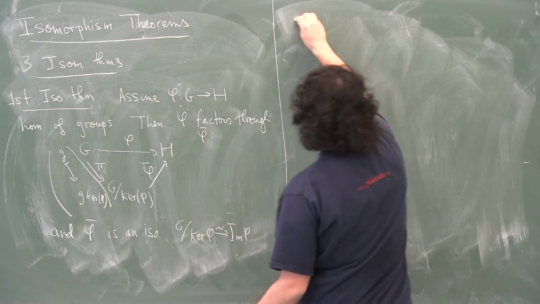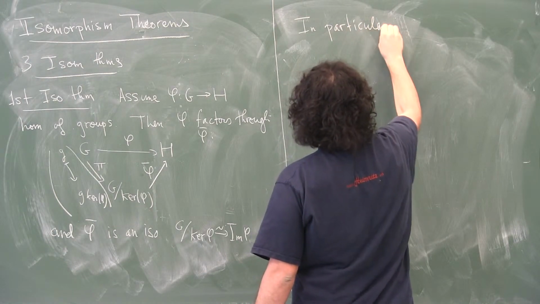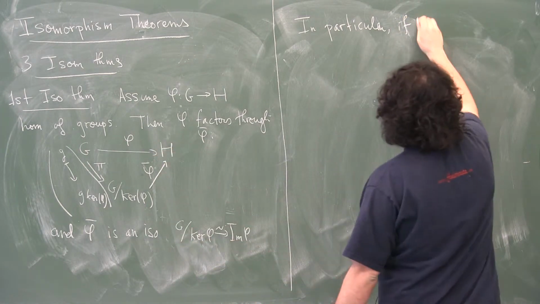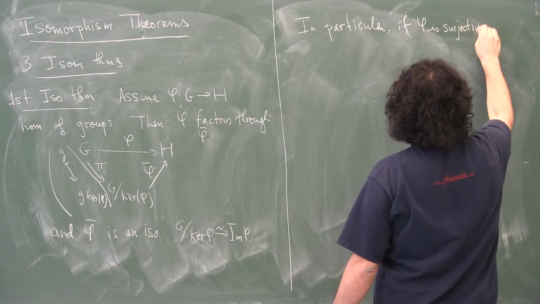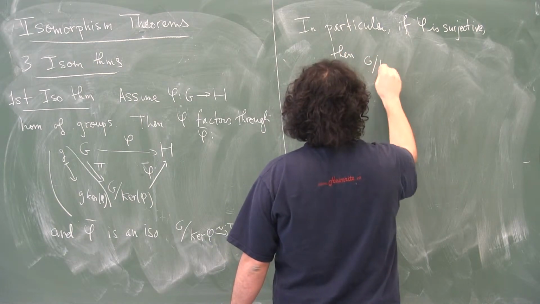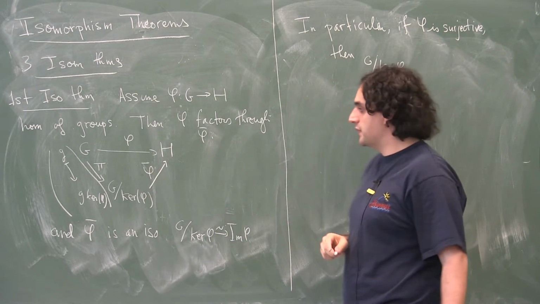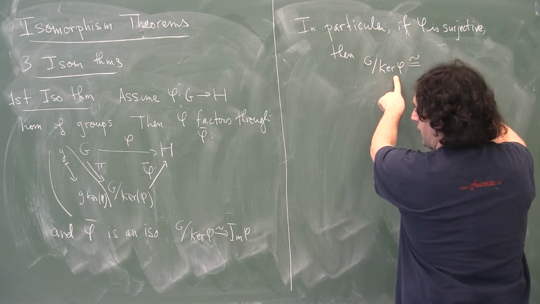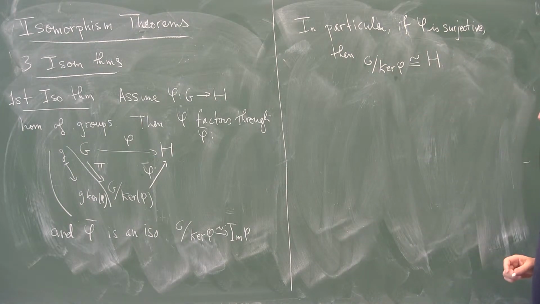Now let's note an important consequence of this. In particular, if our starting homomorphism phi is surjective, then this phi bar is necessarily also surjective, and then G modulo the kernel of phi is isomorphic to H. Okay?